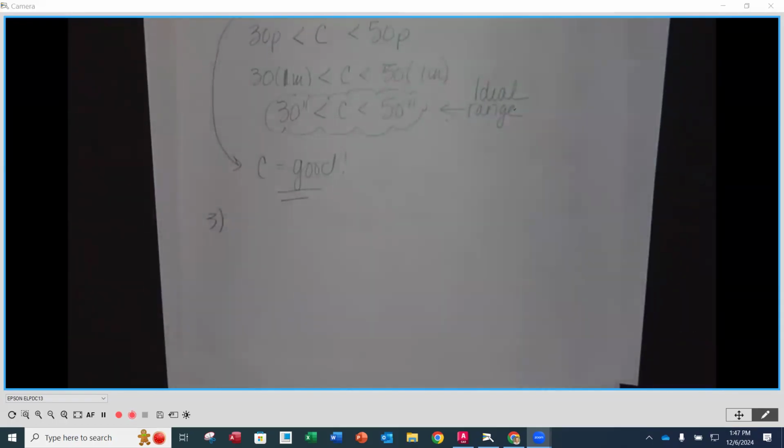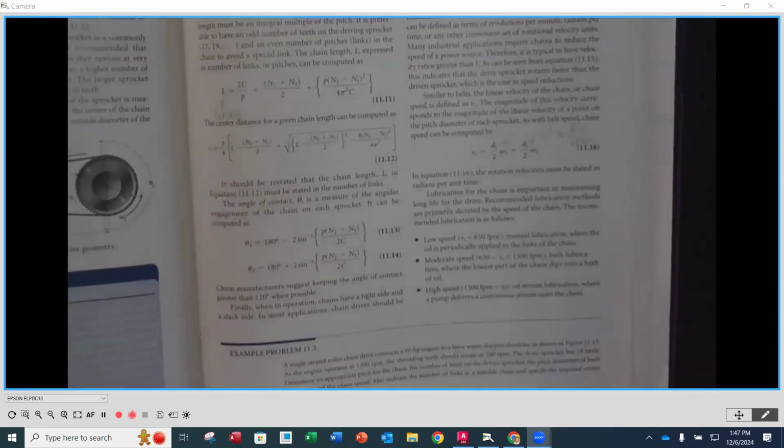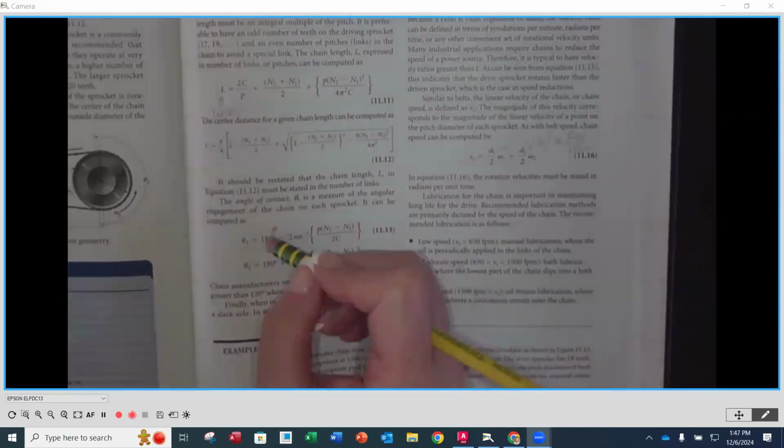Okay, so angle of contact, that was not done in either one of our examples, but I did point it out for you guys on that same page, 311. Here are the angle of contacts for the sprockets. And our smaller sprocket is going to be theta 1. So here is the equation for the angle of contact.